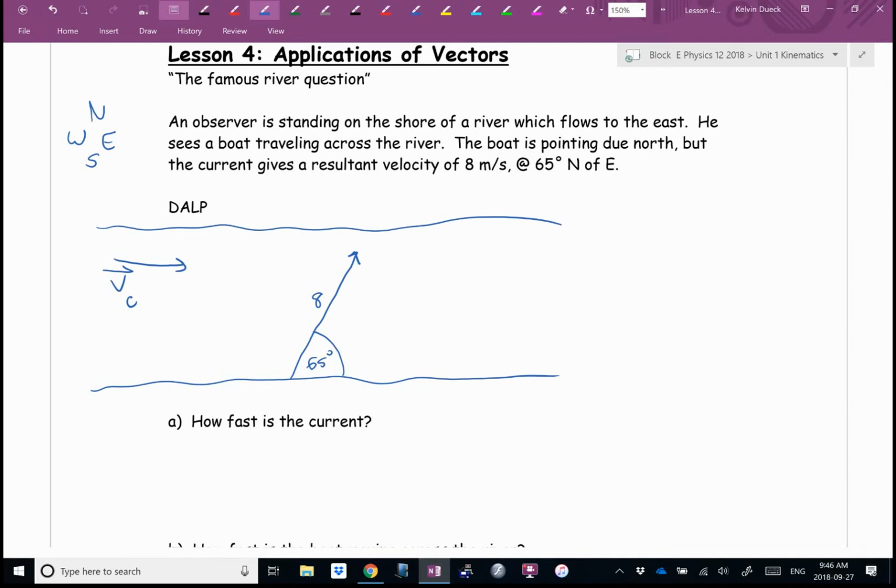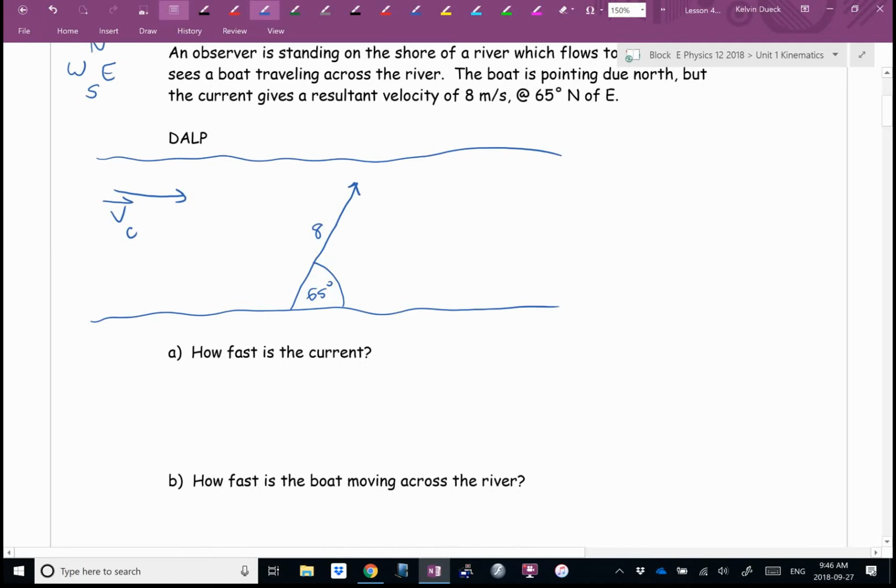What does A want me to find? Now this 8 is the resultant, so I'm going to draw it over here. And I notice there is an angle of 65 degrees. Did I say angle? You know what this is a job for? Components.